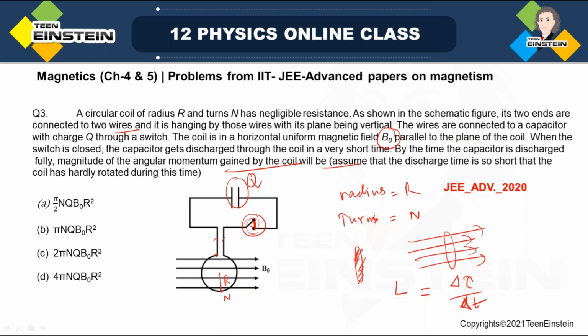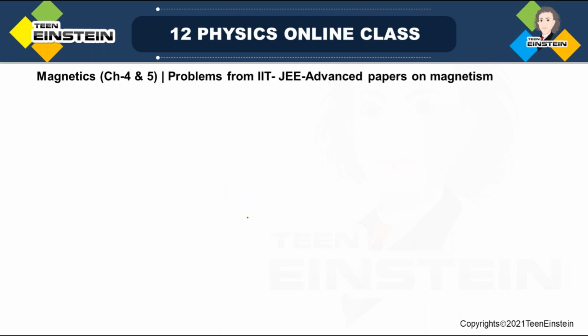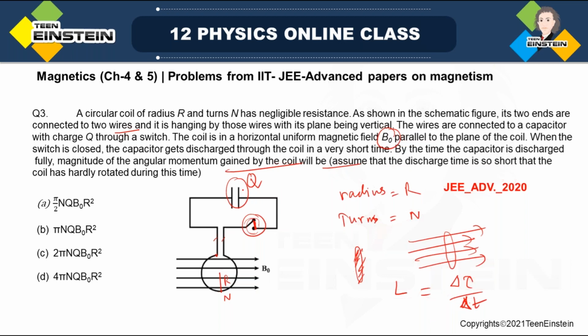As soon as this gets closed, see, initially this capacitor is charged. Now when the circuit is getting closed, immediately the charge will discharge through this switch to this circular coil.